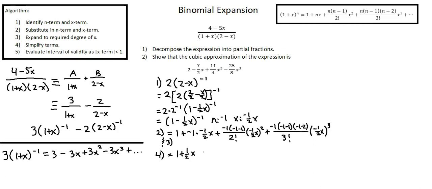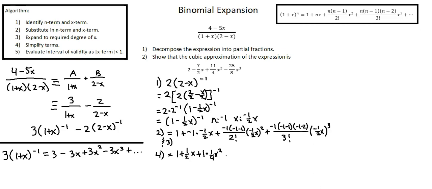That will be positive 2 over 2 factorial. 2 over 2 is positive 1, so plus 1 times. Then we're multiplying by quantity negative 1 half x to the power of 2. So negative 1 half to the power of 2 is negative 1 half times negative 1 half, positive 1 over 4. And x to the power of 2 is x squared.